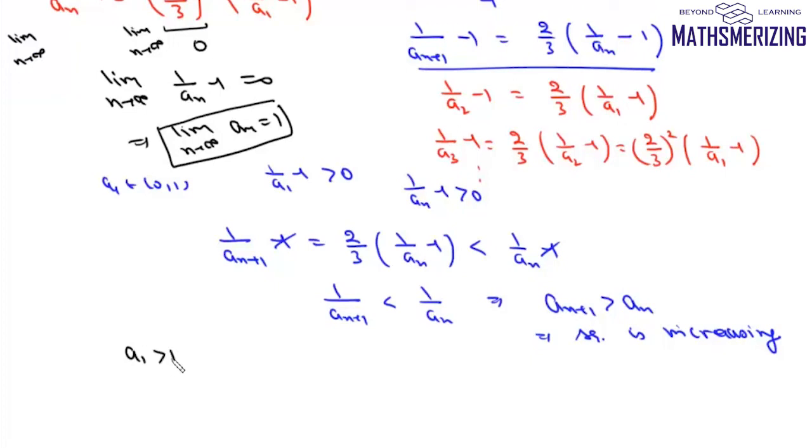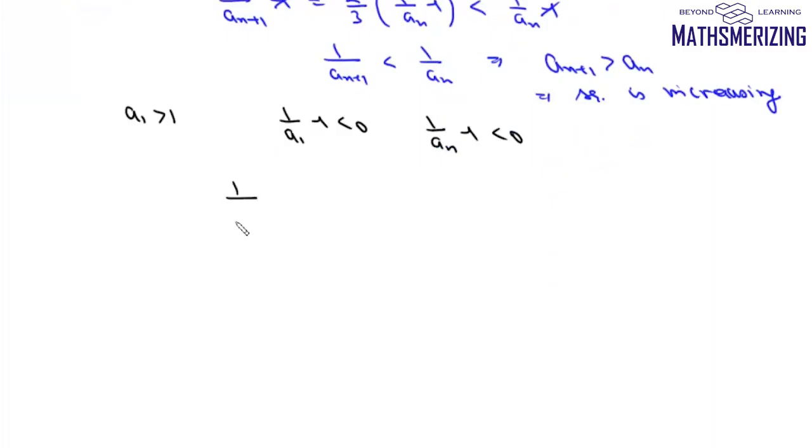Now in the second case, when a_1 is greater than 1, then in that case 1 upon a_1 minus 1 is less than 0, and therefore 1 upon a_n minus 1 will also be less than 0. Now we know that 1 upon a_(n+1) minus 1 is 2 by 3 times 1 upon a_n minus 1, and it will be greater than 1 upon a_n minus 1, since both these numbers are negative numbers.